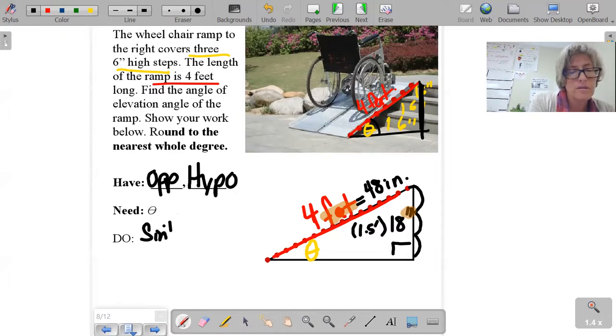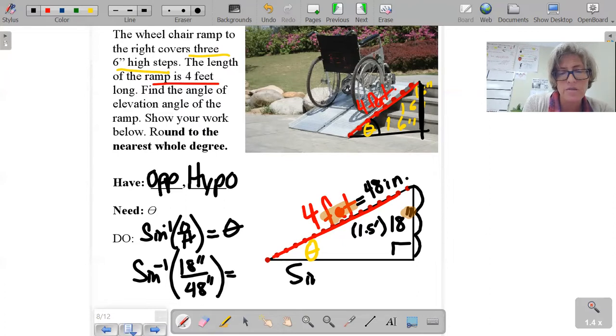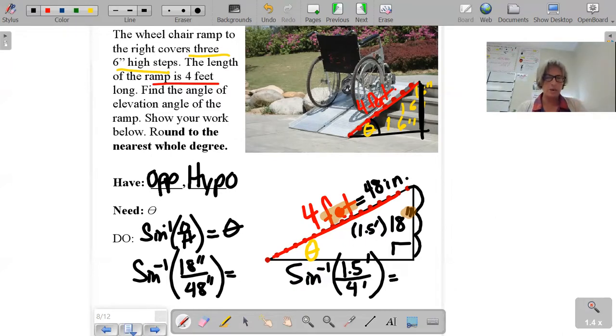Inverse sine, opposite over hypotenuse is going to give us that angle theta. Inverse sine, if I do inches, that's 18 inches over 48 inches. If you did feet, it'd be inverse sine of 1.5 feet over 4 feet. Either is going to get you the correct answer.